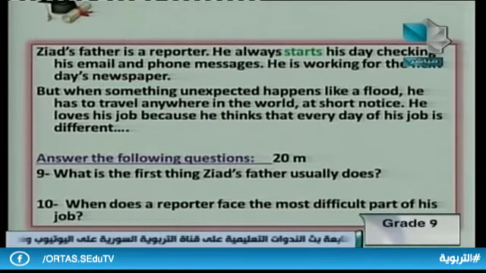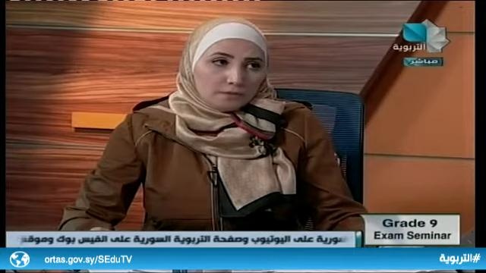If students don't write the complete answer, are they going to lose marks? It depends. It's better to write a full answer, but I think they are not going to lose marks. But as 9th grade students, they have to write the complete answer. Here we have two questions, number 9 and number 10.